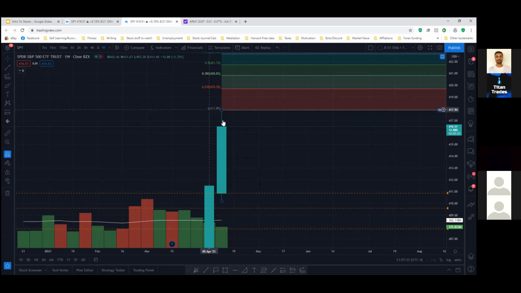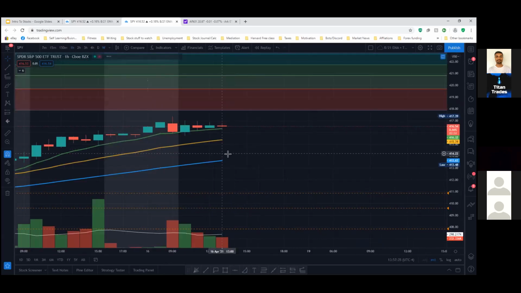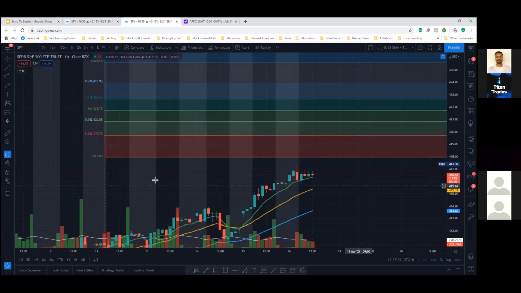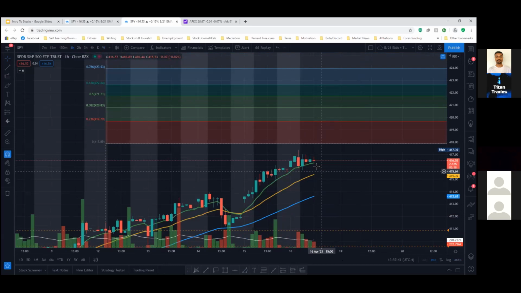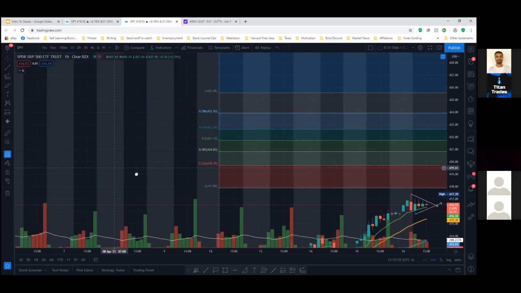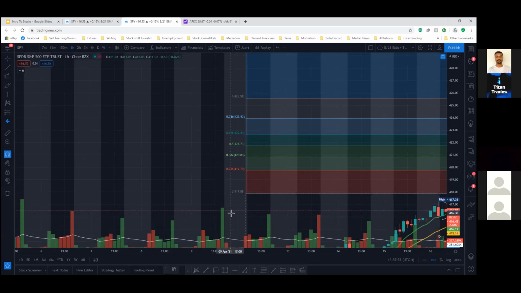can get misinformation. If you look at it on the hourly, it's basically telling you if you go over the all-time highs, if you break out this little triangle right here, that we can go. So then we look at the Fibonacci levels.